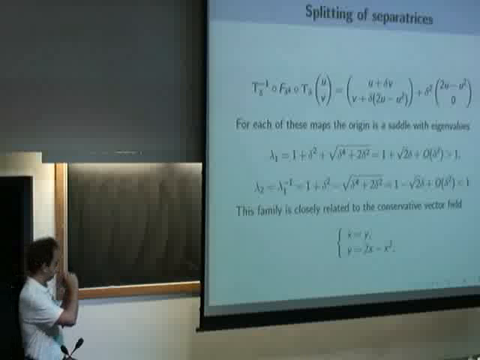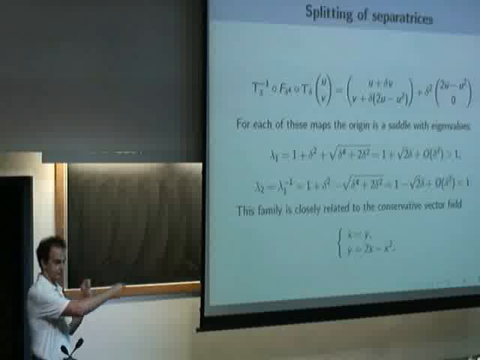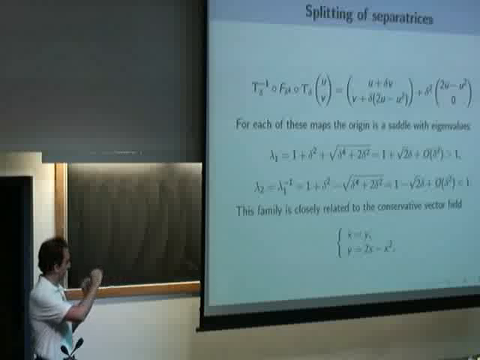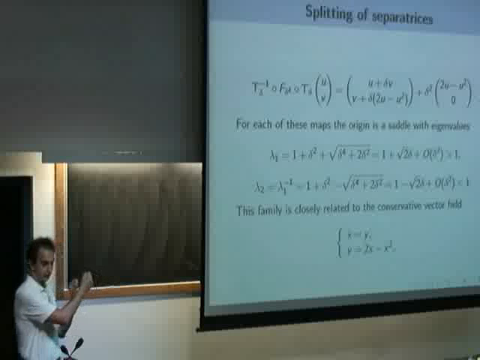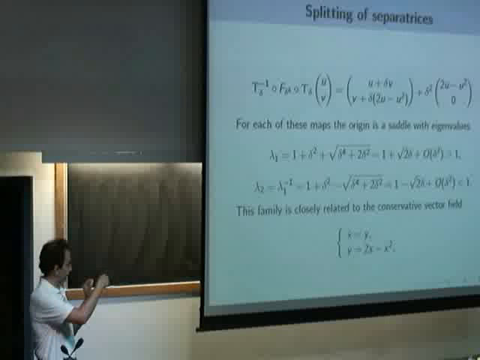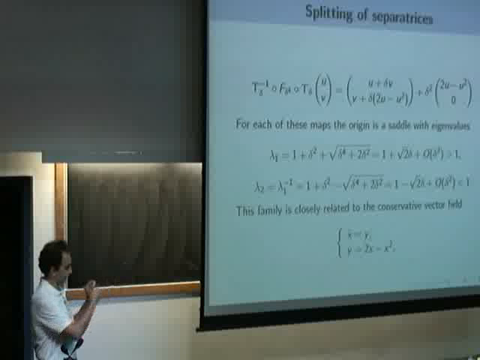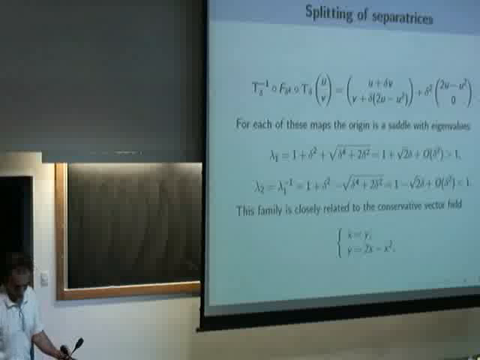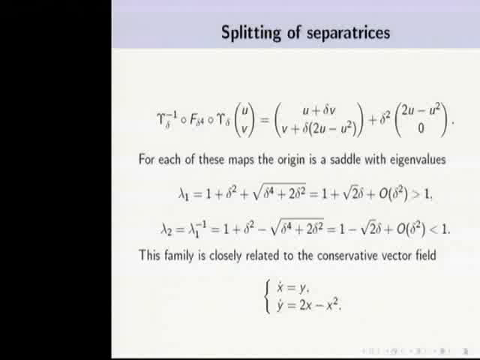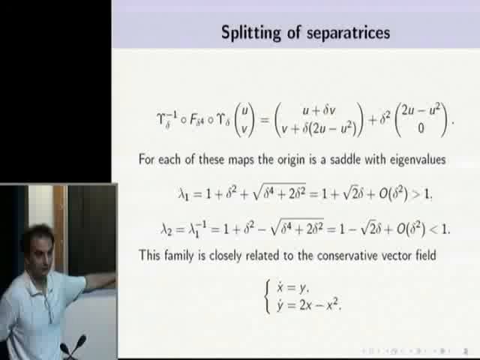You have one saddle, you have a saddle connection, and inside you have a point which is an elliptic point, so you have a family of closed curves here, and you have some other family around. So this is an integrable vector field, and what you do is take a perturbation of this vector field, roughly speaking, with a time periodic vector field. So you take the time one shift and make a perturbation of the time one shift.